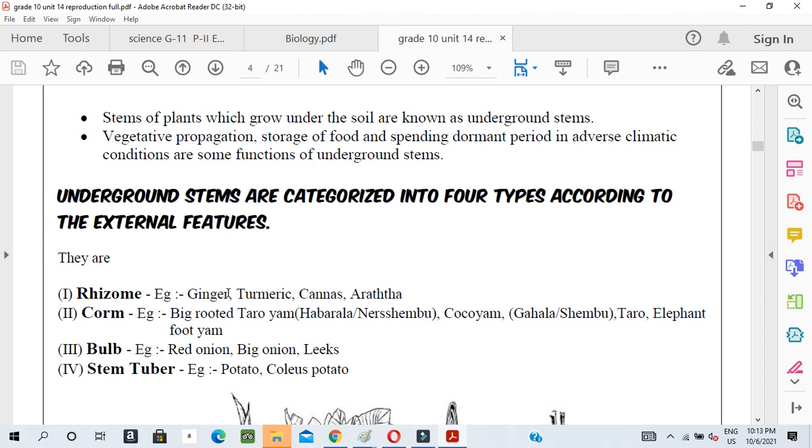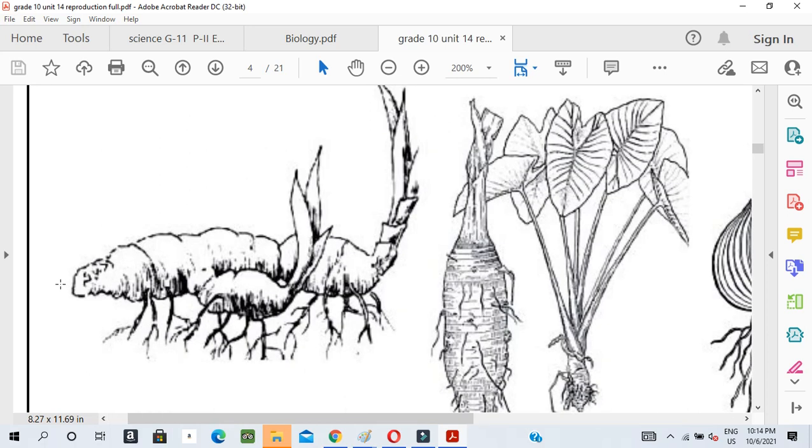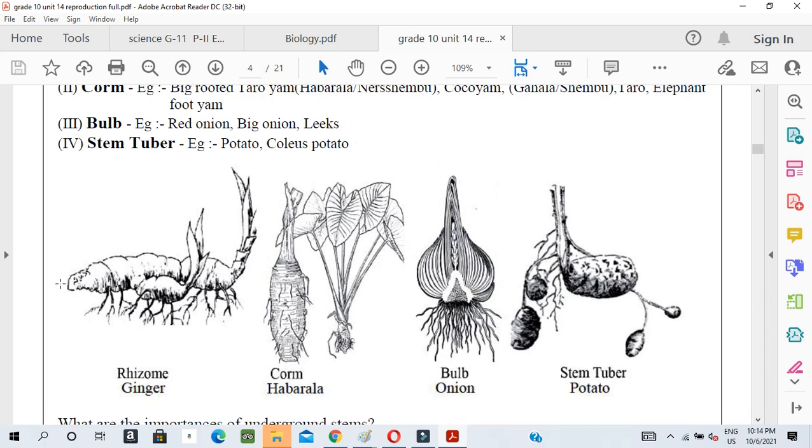Underground stems are categorized into 4 types. A rhizome is one type. You don't need bigger details regarding rhizome. In the exam paper, if they give you this kind of picture and you can identify that this is a rhizome's picture, that is enough for you.